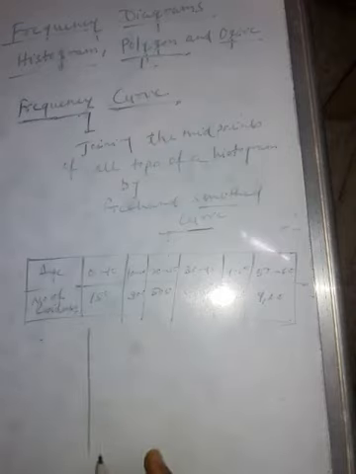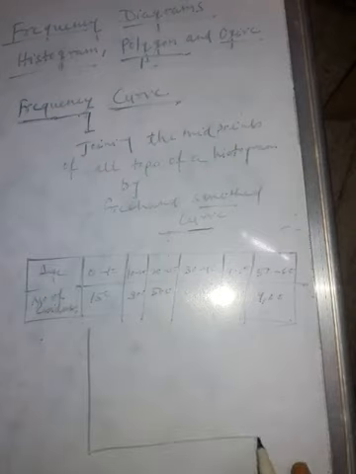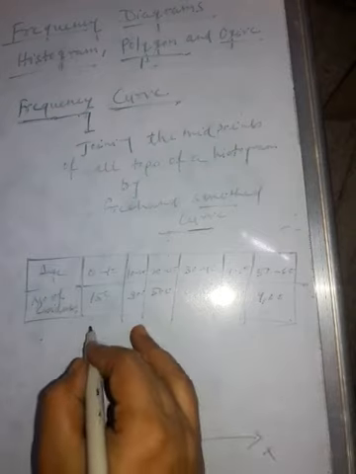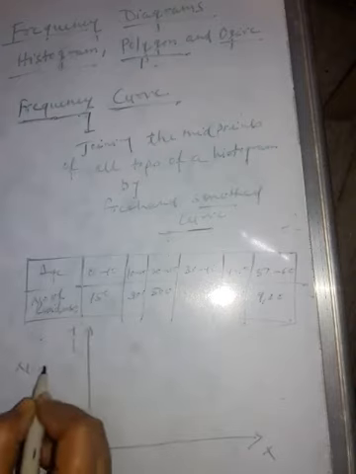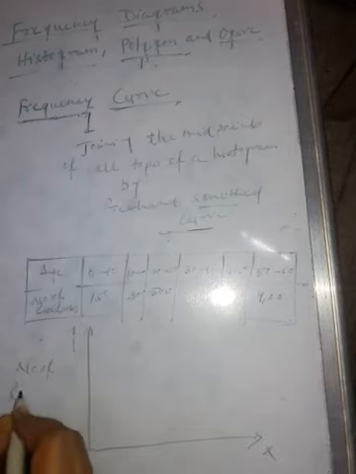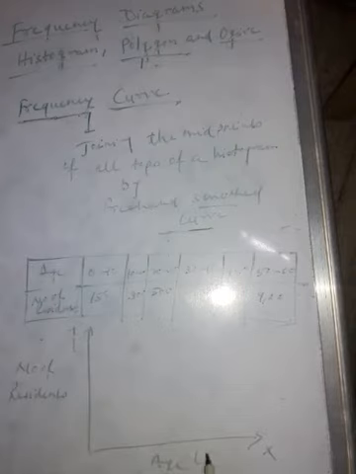Likewise, we will first draw a histogram, first on the x-axis and y-axis. On the y-axis, where frequency is given, that is number of residents, and here is years.